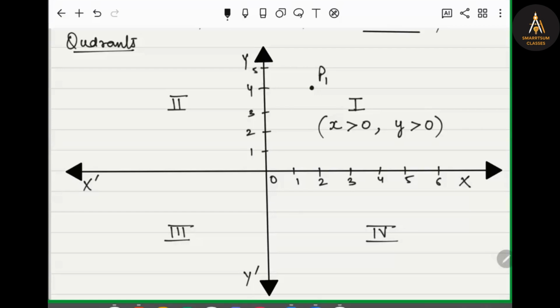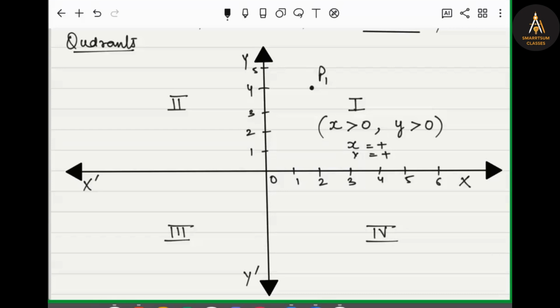So both x and y are positive here, for the first quadrant.